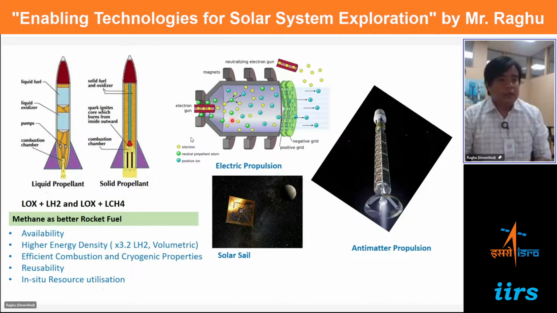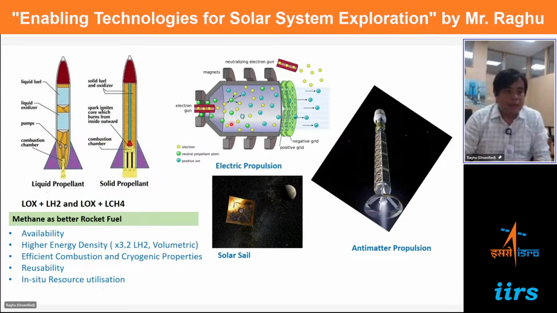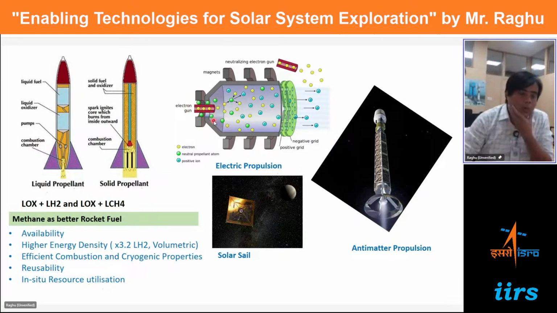In electric propulsion, the propellant is neither liquid nor gas. Most commonly, xenon, krypton and argon are used as the propellant. The gas, let us say xenon, is fed in, and xenon atoms are bombarded using an electron gun. These electrons ionize the neutral propellant atoms.